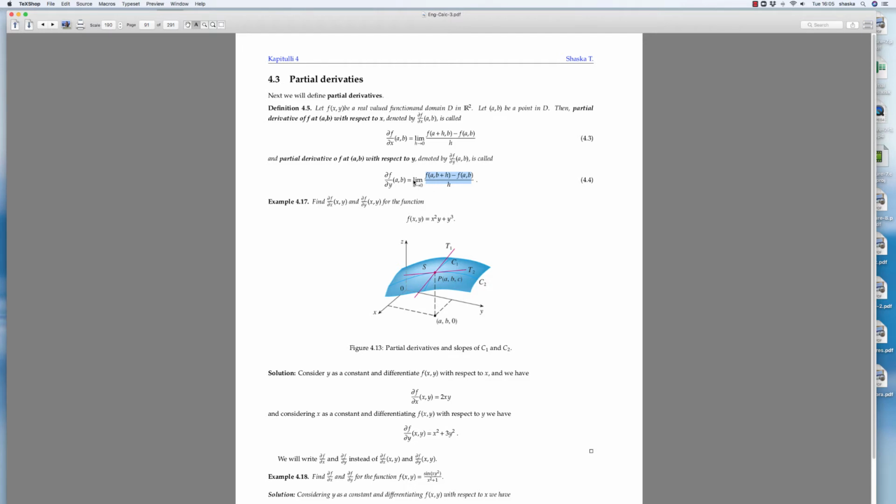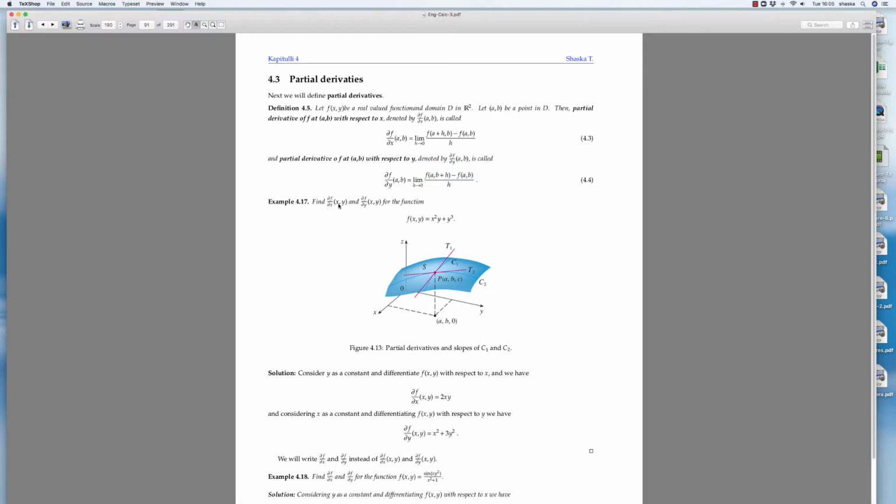This is exactly the same as the derivative in one variable. Here we consider the variable x, which is why the increment happens in that variable, and the variable y is considered just a constant, it doesn't change. And here the variable is y, and x is just a constant.